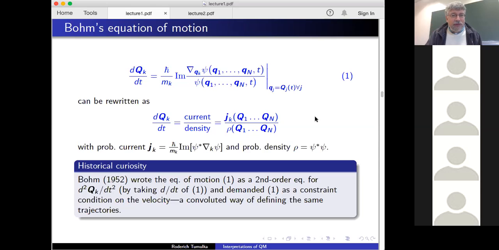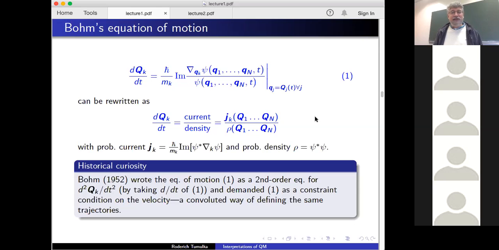Here's one more remark about Bohm's equation of motion. Bohm proposed his trajectories in 1952, and in his first paper on the subject, he wrote the equation of motion in a somewhat strange way. He took another derivative of equation 1, which means that on the left-hand side, he had the acceleration, second time derivative of the position, and then he got some other expression on the right-hand side. He wanted to have that because he wanted it to look like Newtonian mechanics.